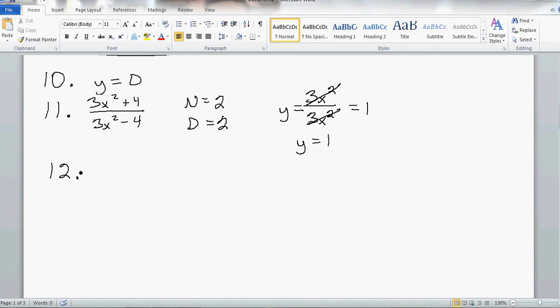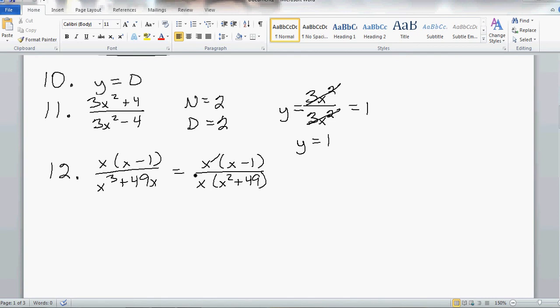Example number 12, we have x times x minus 1 over x cubed plus 49x. Well, I can factor out an x here in the denominator, so it becomes x times x minus 1 over x times x squared plus 49. And notice those x's will simplify with one another, and so we get x minus 1 over x squared plus 49.